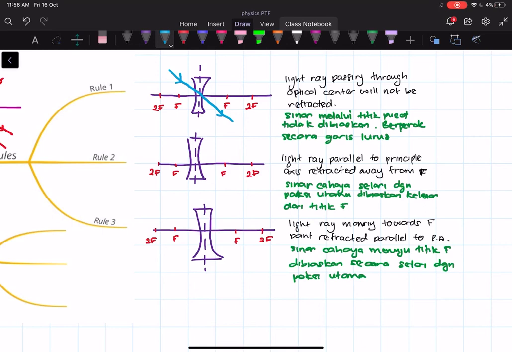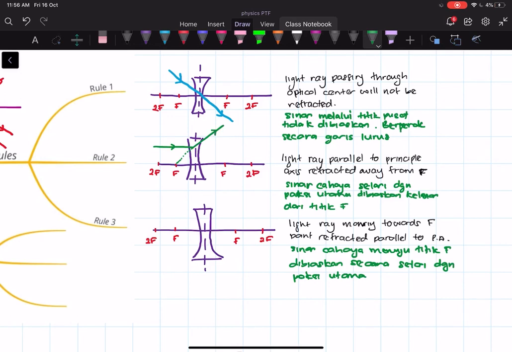It's going to move in a straight line. Okay, and the second rule says a light ray which is parallel to principal axis, sinar cahaya yang selari dengan paksi utama akan dibiaskan seolah-olah keluar daripada titik F, refracted away from the F point. So it's going to be a dotted line here and then refracted away from the F point.